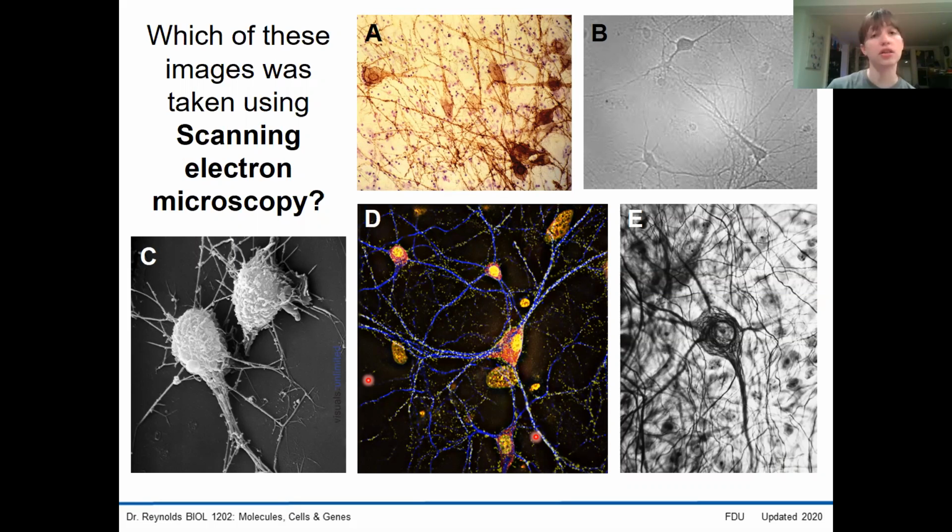And A is colored, so we know that that's not going to be electron microscopy. That has to be light microscopy. So that leaves us with either C or E. Which one of these reveals surface details? Yeah, C does. And so because we have this three-dimensional shape and all the levels of detail on the surface, we know that C would be an example of a scanning electron micrograph.